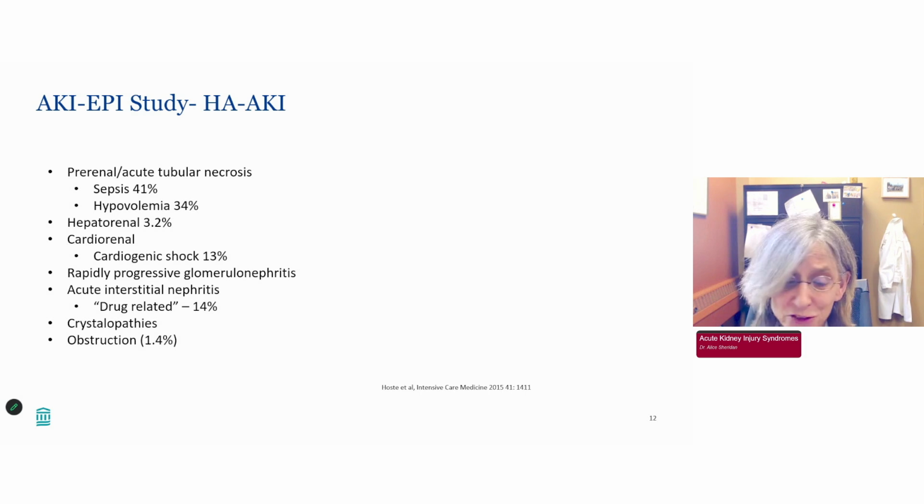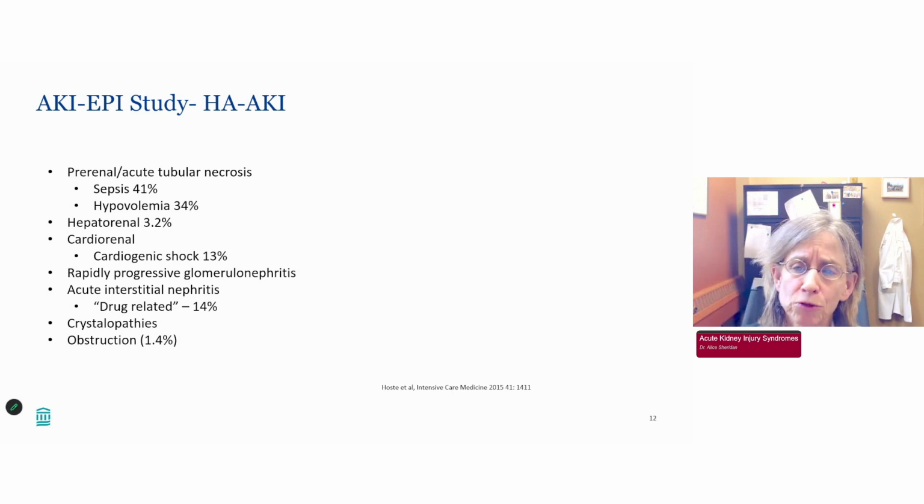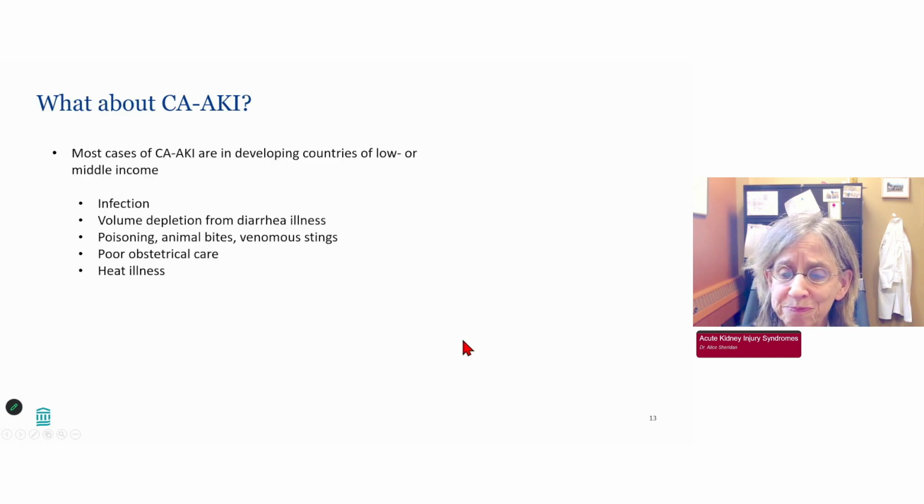This was followed by drug-related causes, AIN or ATN, 14%, and cardiogenic shock at 13%. Hepatorenal, much less at 3%, and obstruction at only 1.4%. Again, I stress that these data are in the hospitalized patient.